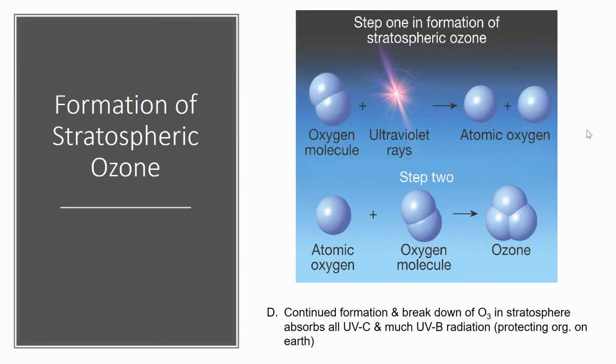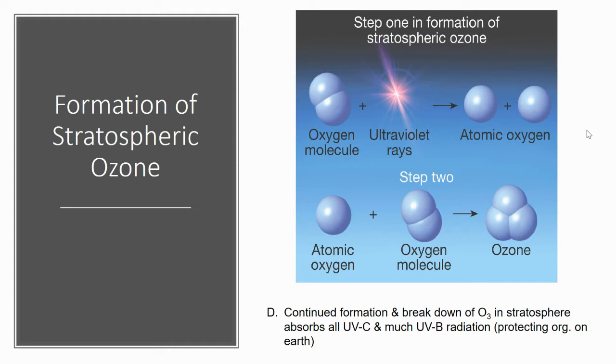Now, it's important to understand not only the depletion of stratospheric ozone, but also the formation, because depletion and formation actually happen naturally in the stratosphere, and it's a balanced equation that we can see here. If we have oxygen molecules, those are going to be split by UV rays, and that's actually how the UV is absorbed.